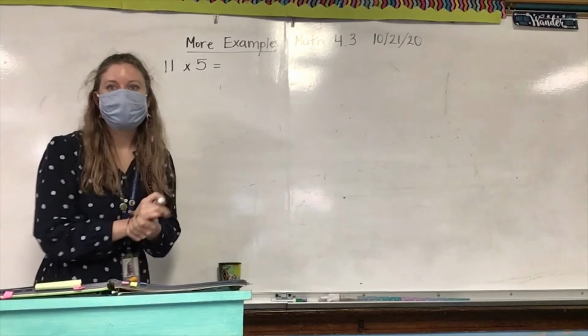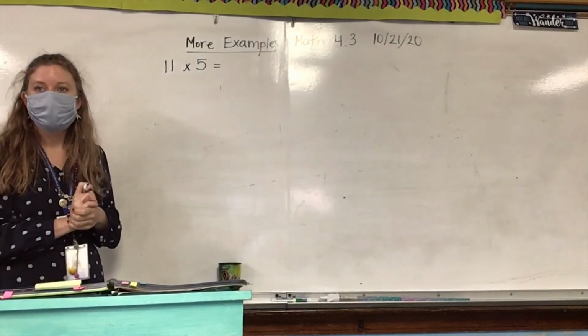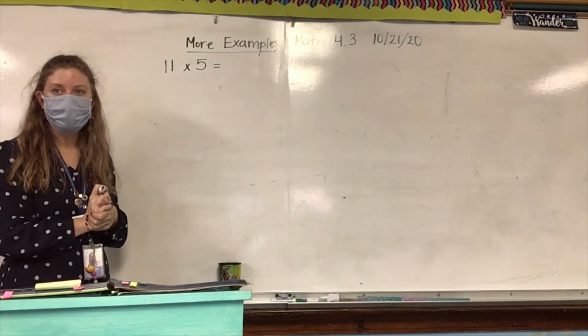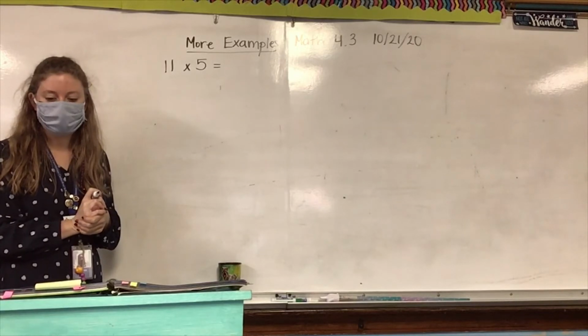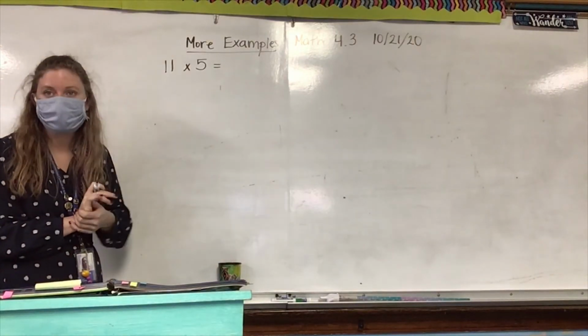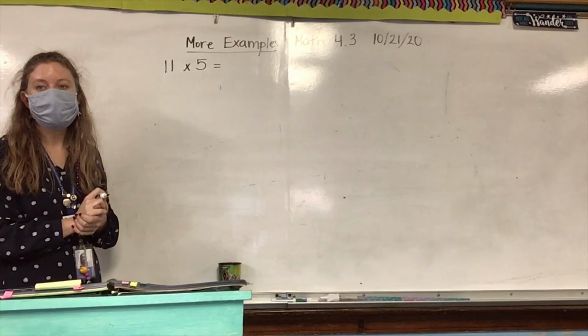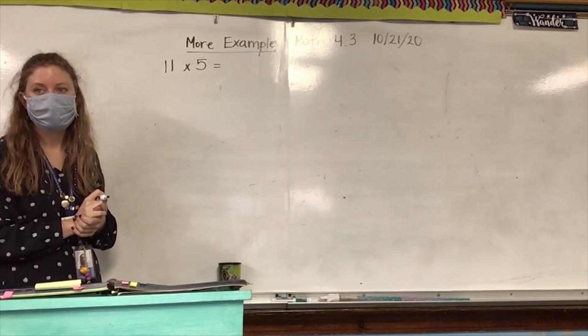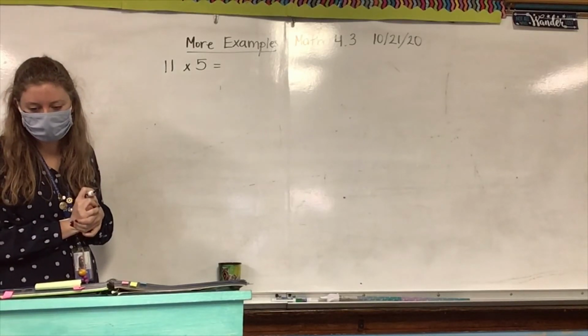Mason, what do we do first? Look at your steps on page 210. Go slow. What's step 1?